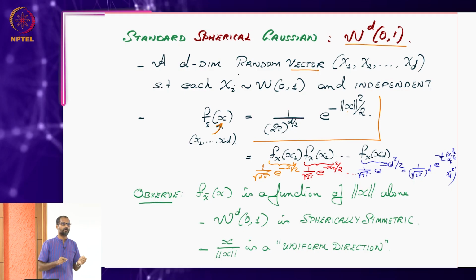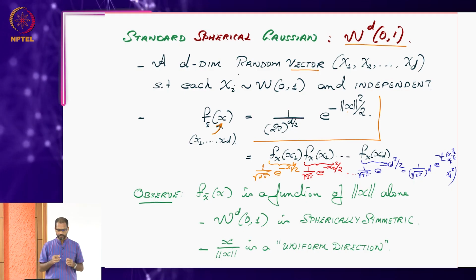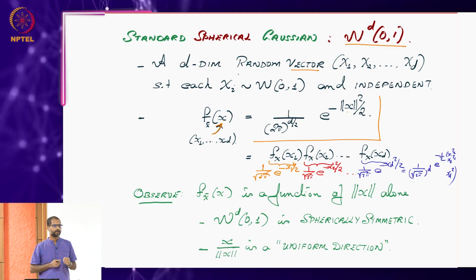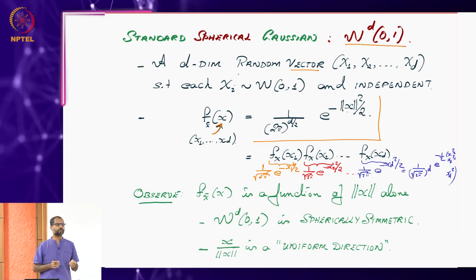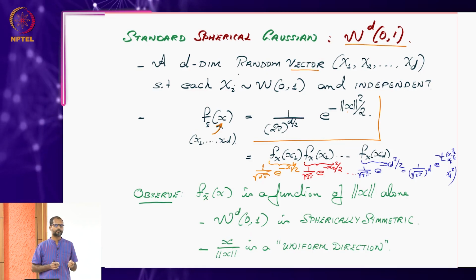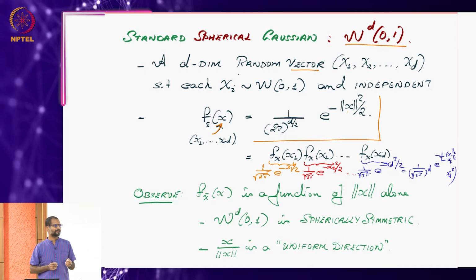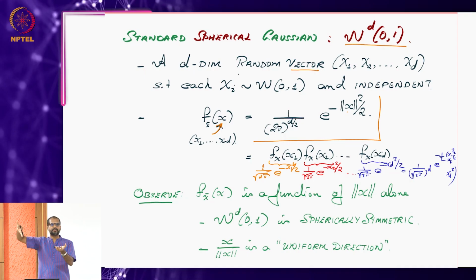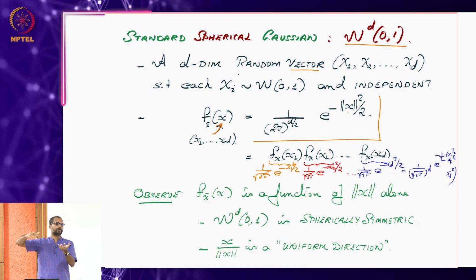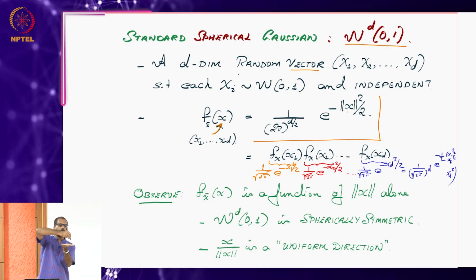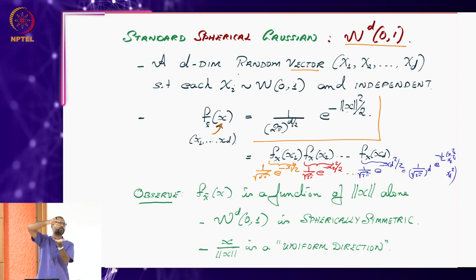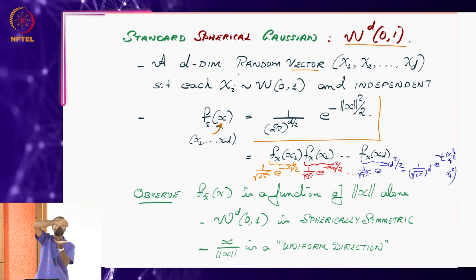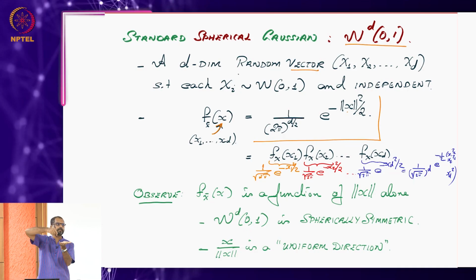So let's imagine this in 2D. What are all the vectors whose norm is 1? The points on the unit circle. Now if you imagine the two-dimensional spherical Gaussian density curve, along this circle the height is going to be the same. So if you do a contour plot, you are going to get this unit circle.